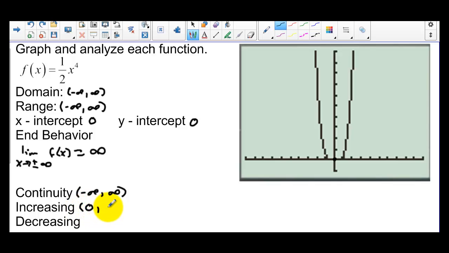Increasing from 0 to infinity, that's from here shooting off to the right, this function increases. And then decreasing from negative infinity to 0, which means it's this negative infinity over here on the x-axis. So as x goes from negative infinity to 0, this function is actually decreasing.